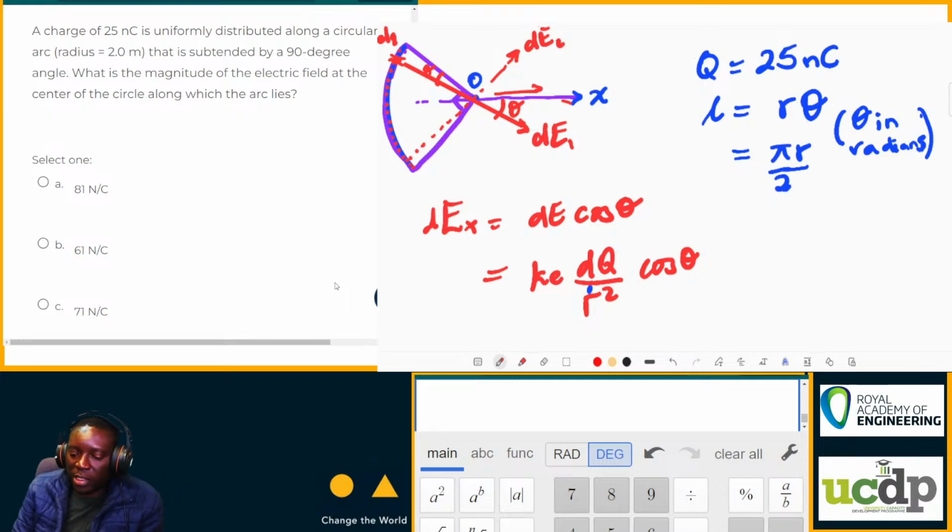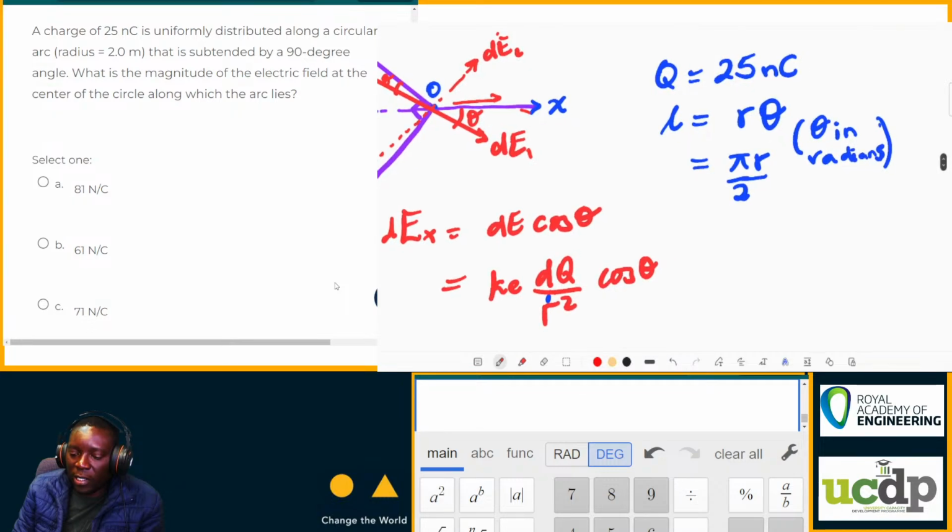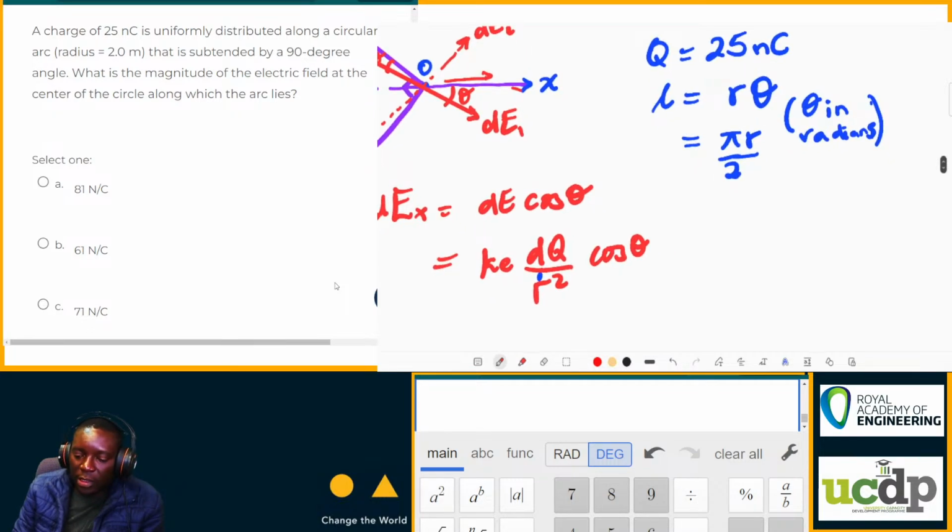So we have to express dq in terms of theta, and as such we have said dq equals lambda dl.